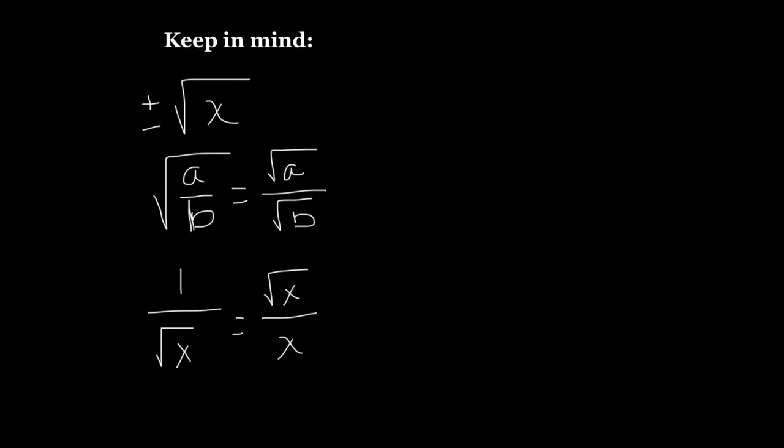So some things to keep in mind as we're doing these problems. This is going to be important. We're going to take some square roots in the half angle. Remember that there's a positive and a negative version, so you need to remember which quadrant you're in.